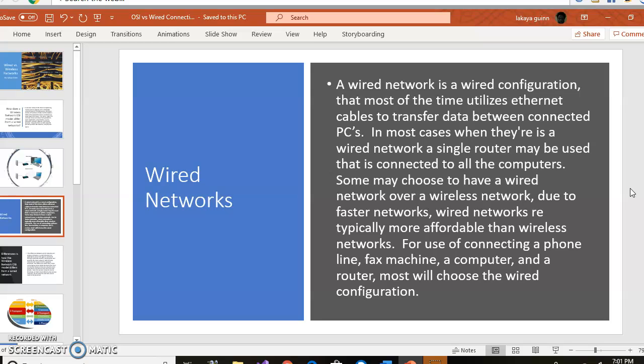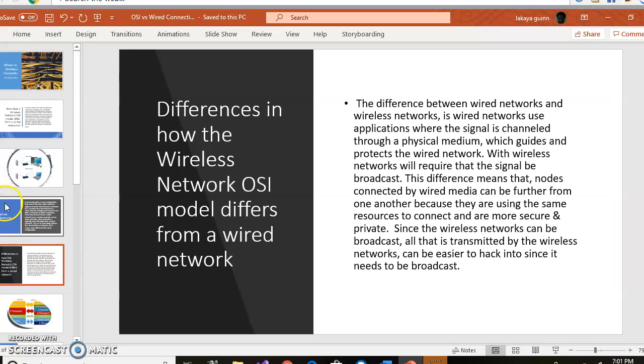It just depends on the wired network and what the needs of the businesses are. But wireless networks tend to run a little bit different than the wired networks. So those are some of the benefits of having a wired network.